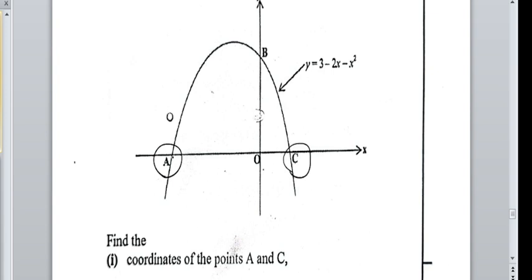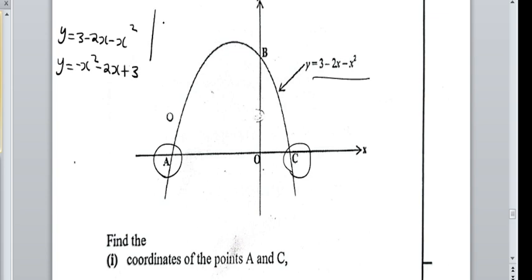Now, as you can see, they lie on the x-axis, and we know that the value of y is 0 here. So we just get this same equation and we solve it. So what are we going to do? I'll get the equation y is equal to 3 minus 2x minus x squared. Then I'm going to write it like this: y is equal to negative x squared minus 2x plus 3 in standard form.